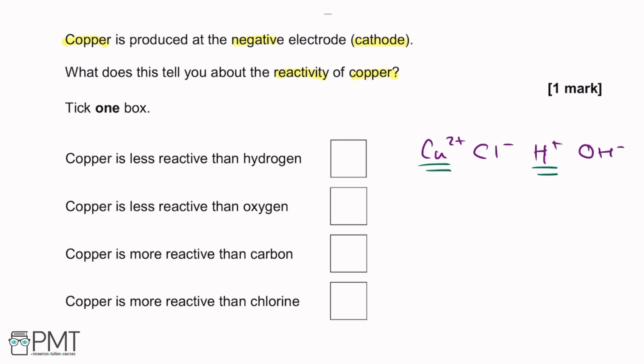Now the rule at the cathode is that the less reactive element will be formed. And we are told that copper is produced. Therefore, this tells us that copper is less reactive than hydrogen.